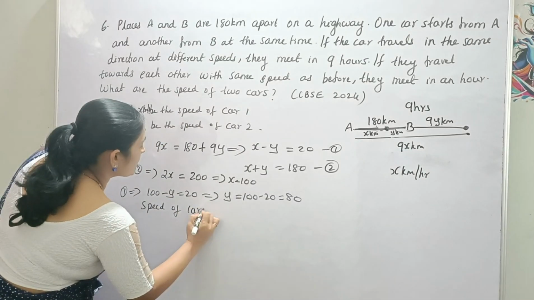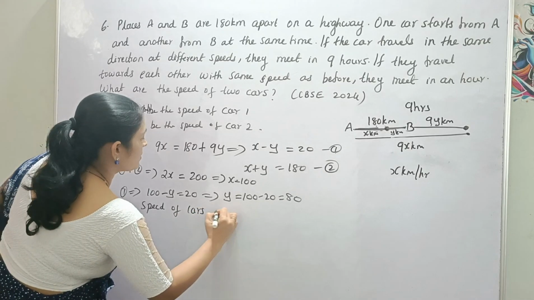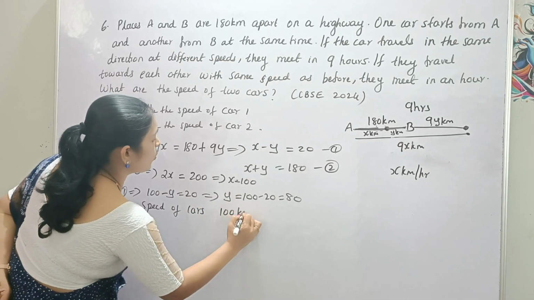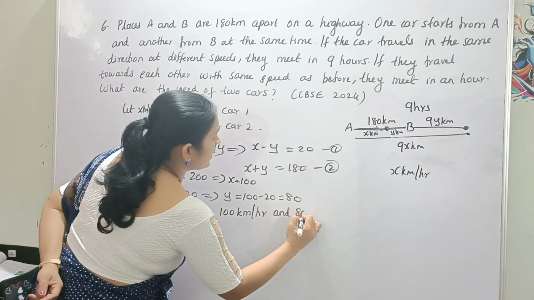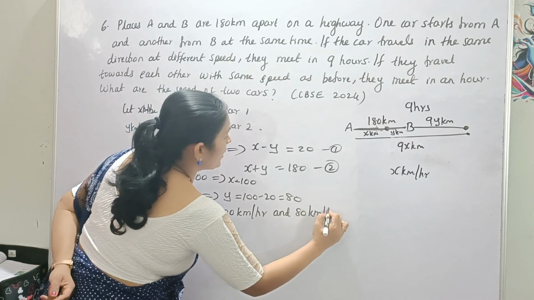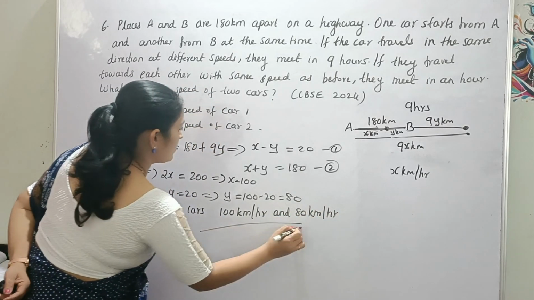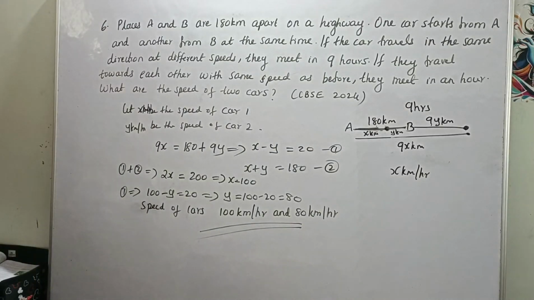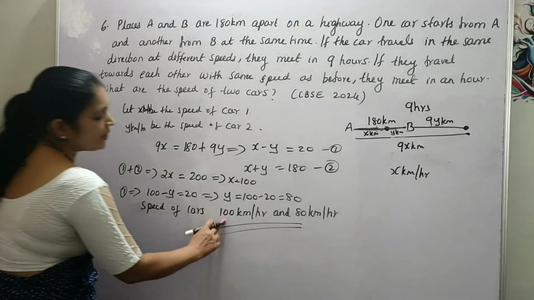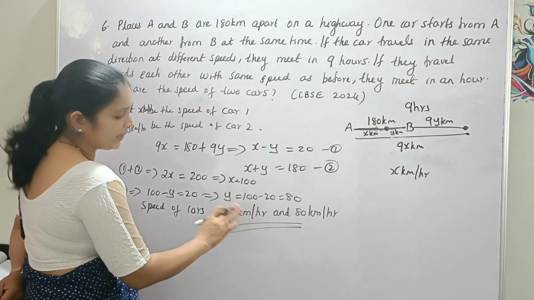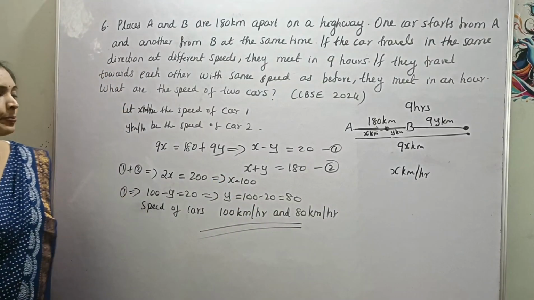Therefore, the speeds of the cars are 100 kilometer per hour and 80 kilometer per hour.